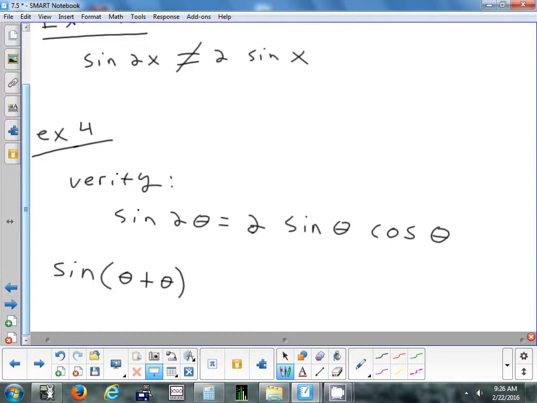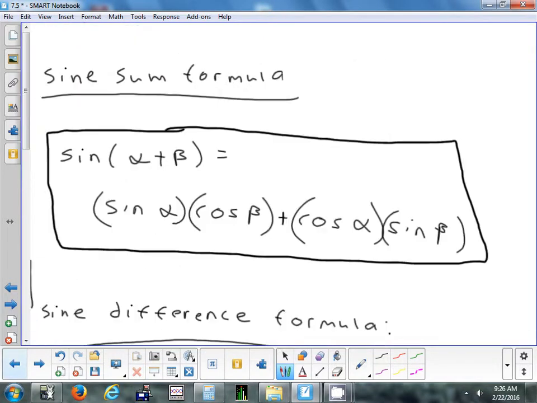Now, what is this thing on the left called? This is your what? So this part's the argument, and what do we call this identity? This is the sine sum identity. Let's plug into the sine sum identity and see what happens. Now, it's theta and theta, so the arguments are the same.